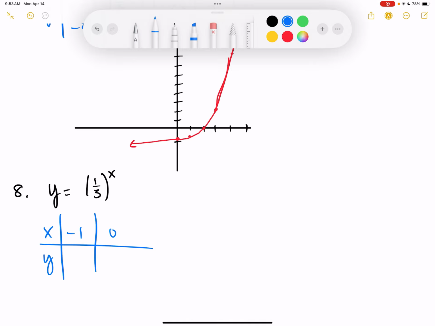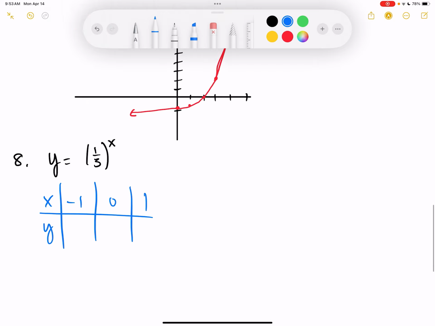I like it being simple. So 1/3 to the -1 is 3. 1/3 to the 0 is 1. 1/3 to the 1 is 1/3.